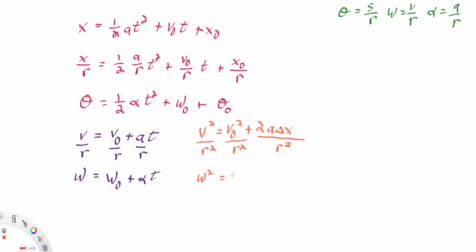V naught squared over r squared will be omega naught squared. For the second term, we'll take one of the r's in the denominator and make a over r, which is alpha, and the other r will go to delta x over r. Call that delta theta. There we go.